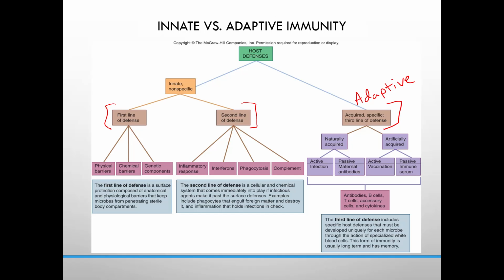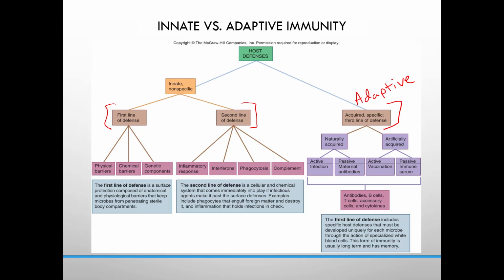The second line of defense has the inflammatory response. Interferons. Interferons are chemicals that are going to predominantly protect you against viral infections. Phagocytosis, so eating bacteria that come into the body. So you have phagocytic cells that are going to consume the pathogens that have come into the body. And complement.